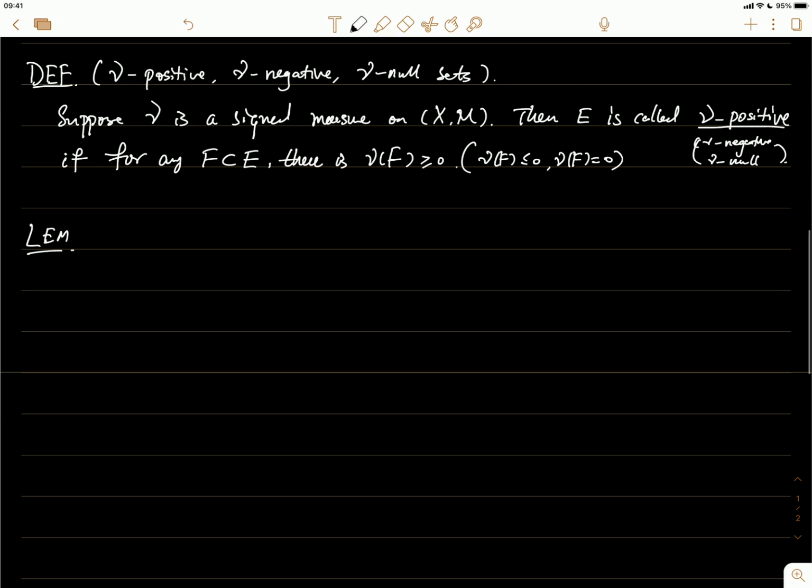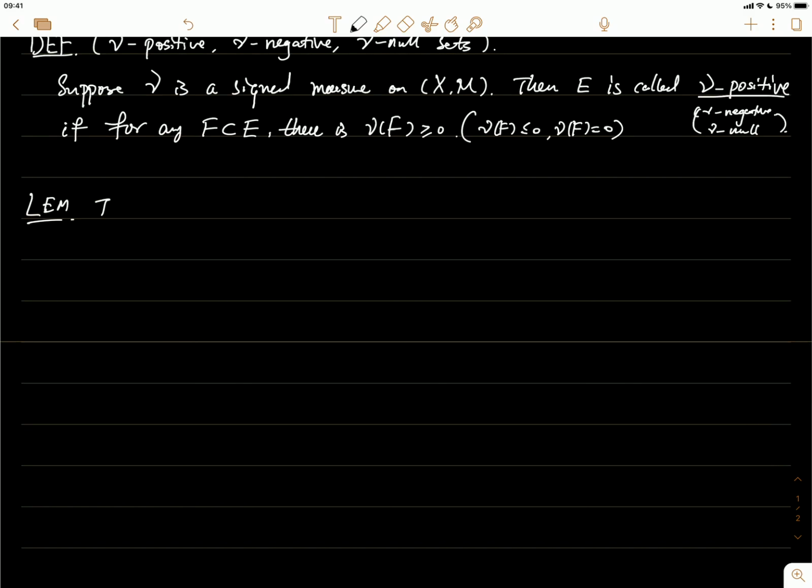This lemma says that if a sequence of sets are nu positive, to be more specific, then the union of them is still nu positive.